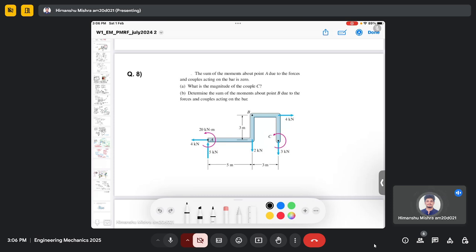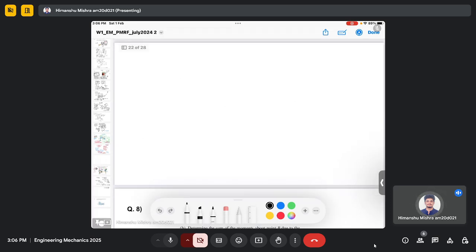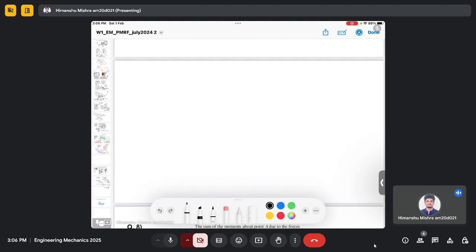So, hello everyone, I am Himanshu, and in the last class we looked at a few problems related to summation of forces and moments. We solved a couple of problems which involve the summation of forces, which we represented by R, and the summation of moments.